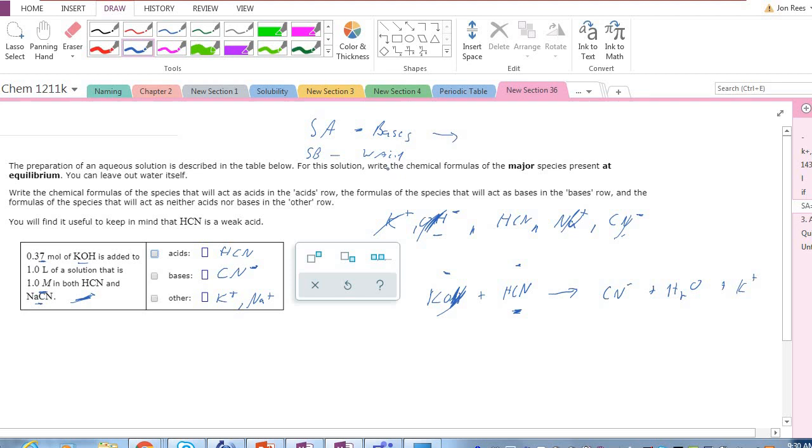Okay, and I know my writing doesn't make a lot of clear sense, but I'm speaking, so you should be able to get it. And then know the spectator ions that are going to go on, and know that oftentimes you're generating just from the reaction itself the conjugates.